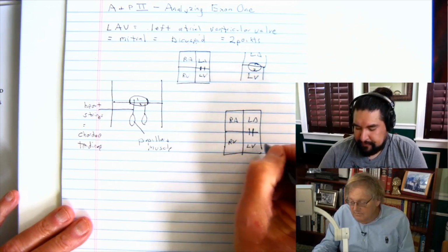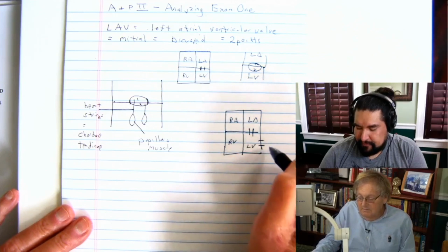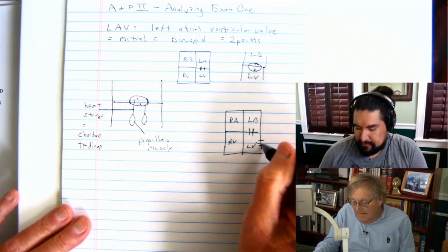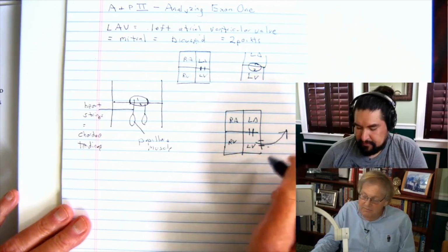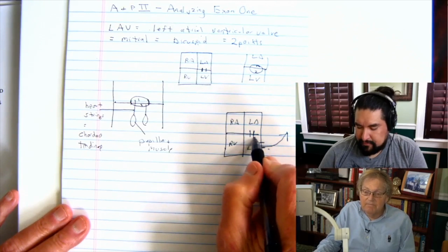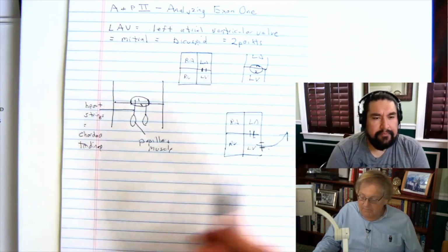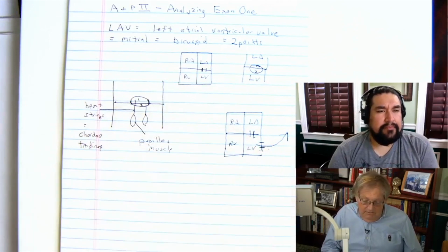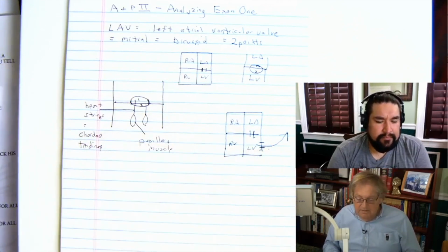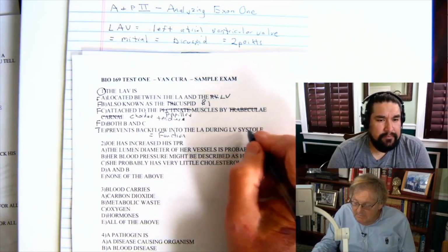And I know that there's another valve over here, and that's going to be the aortic valve. But when that heart is pumping blood out, I don't want the blood to backflow inside of the left atrium. So therefore, the correct answer is going to be prevents backflow into the left atrium during left ventricular systole. So remember, systole is heart pumping.